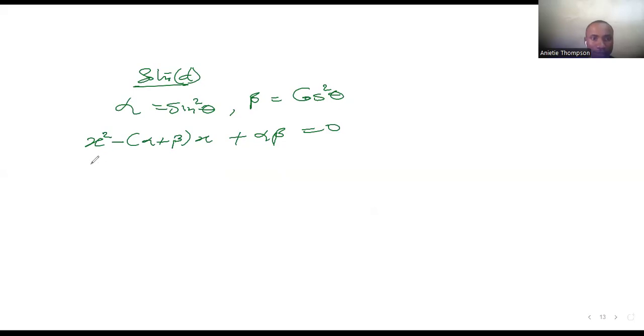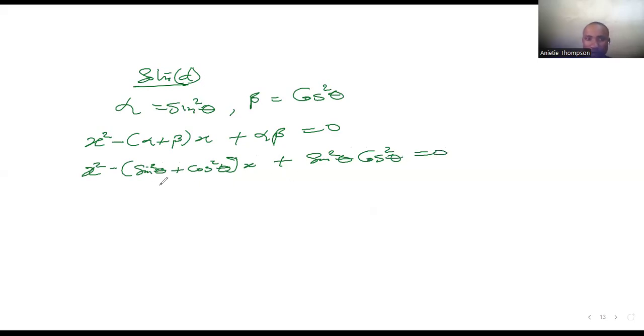So if you do this, you have x squared minus bracket sine square theta plus cos square theta close bracket x, then plus sine square theta cos square theta equals 0.